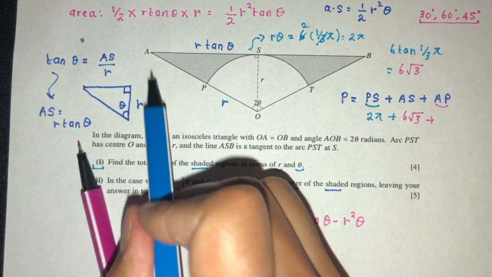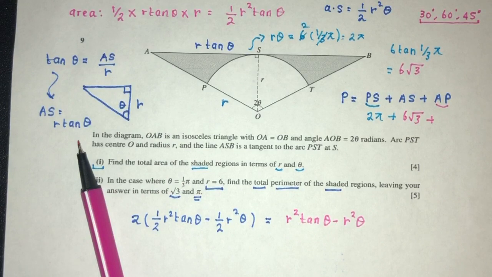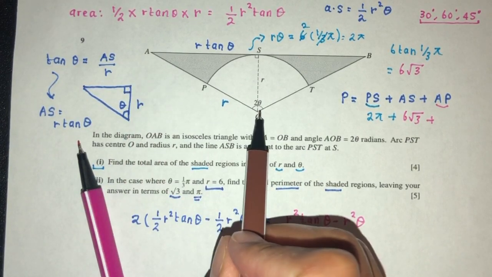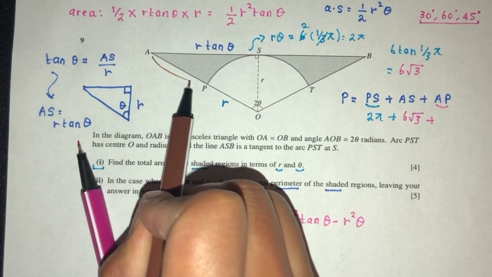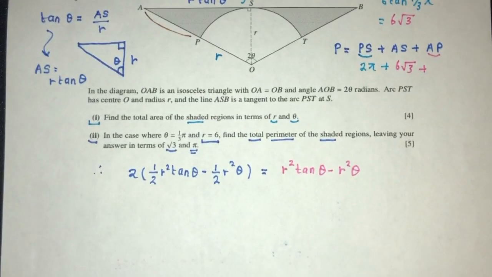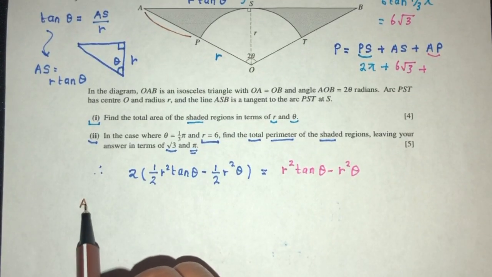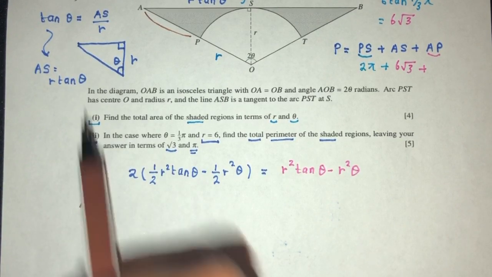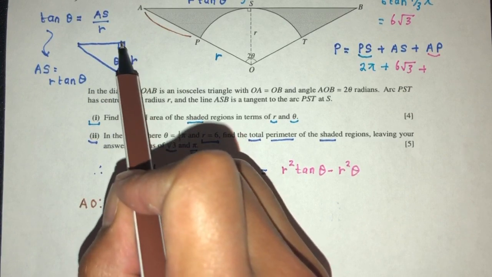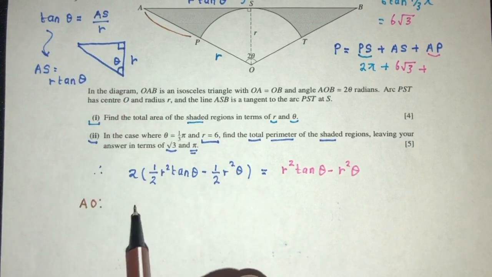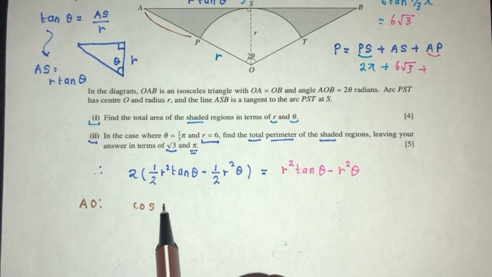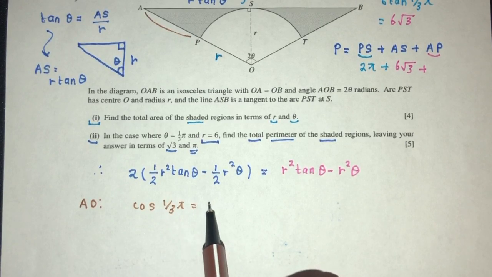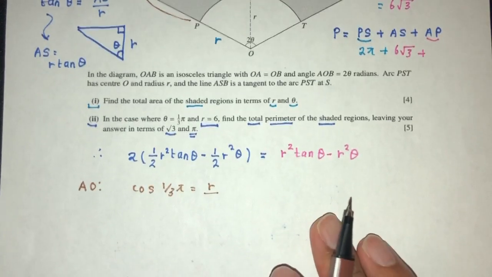So how would you find the length of AP? Pretty easy. We use logic. We can first find the length of AO and then find the length of AP, right? So let's first find AO. We can use the triangle here to find AO. This is my A side, this is my H side, so we can use cos. Cos of the angle, which is 1/3 pi, is A side, which is the radius, over the value of AO.